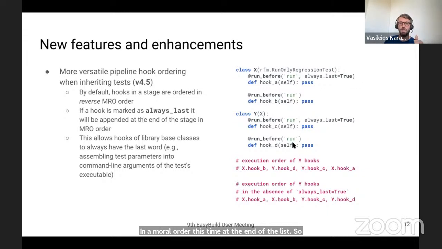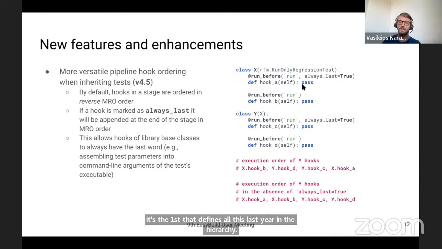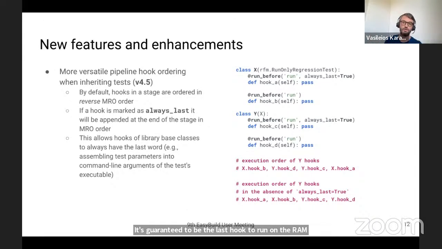So with this example, the order would be first hook B, then hook D, then hook C, and then hook A. So hook A is guaranteed to be the last hook to run in the run stage, because it's the first that defines always_last in the hierarchy. So it is safe to say that I have all the information to construct, for example, the final executable command line that I want to run. And that really unties your hands and makes the logic much easier for composing tests together.